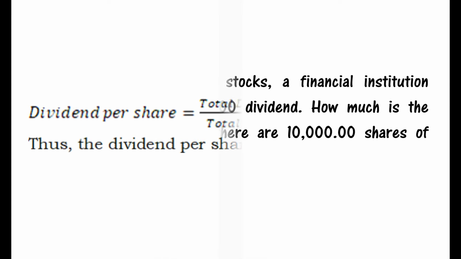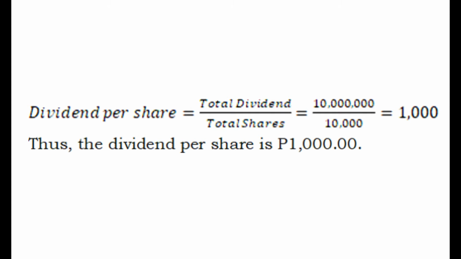So dividend per share is total dividend over total shares. By substitution, the total dividend is 10 million pesos and there are 10,000 shares. Dividing them will get 1,000 pesos. That's the dividend per share.